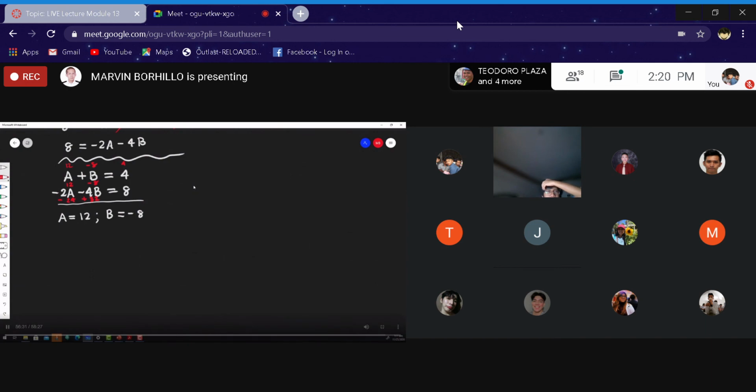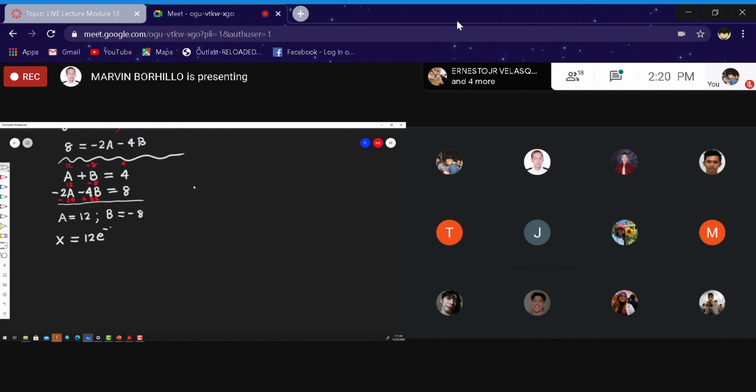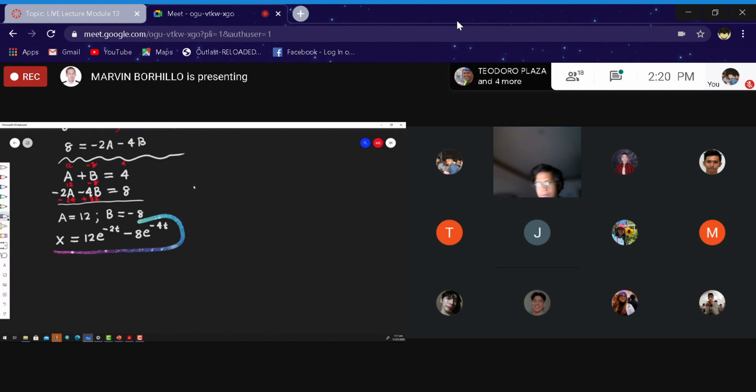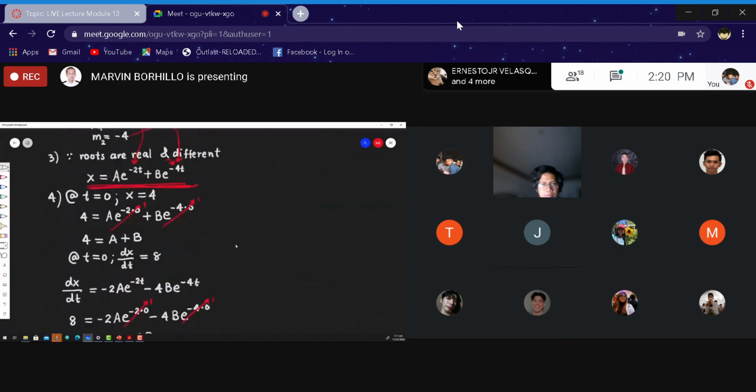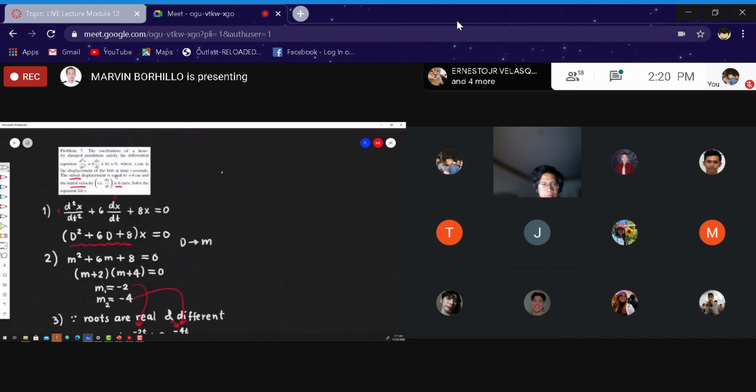So, our particular solution of this second order differential equation will be x is equals to 12 e raised to negative 2t minus 8 e raised to negative 4t. This alone, kung nakita ko sa inyong quiz, tama na yan. Pero yung mas tama, since we're involving units, ano ba unit natin? Centimeters sa ating unit.